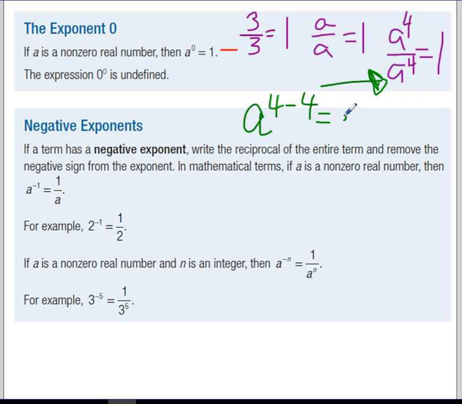And we already know that 4 minus 4 is 0. And we already know that the answer is supposed to equal 1, because anything divided by itself is 1. So we just proved that rule, that anything to the 0 power is 1, because you're dividing whatever it was by itself to get you 0 left as an exponent, because when you subtract them, you get nothing left.